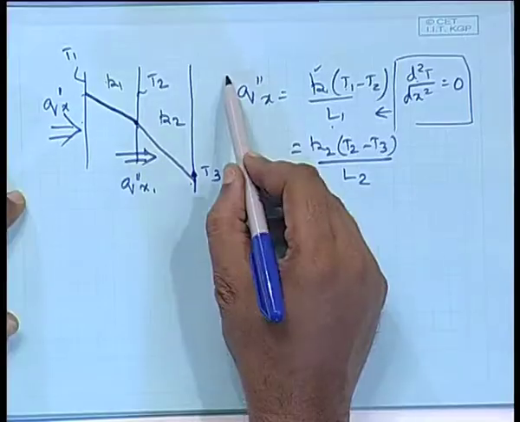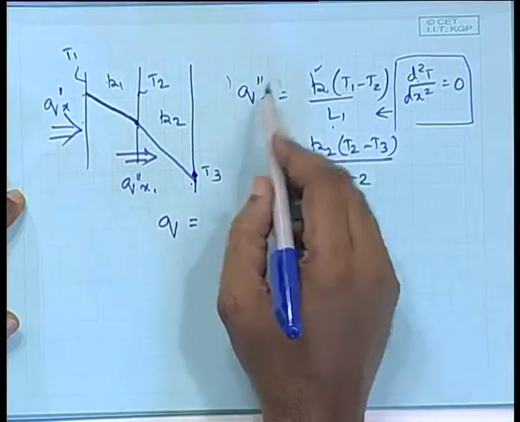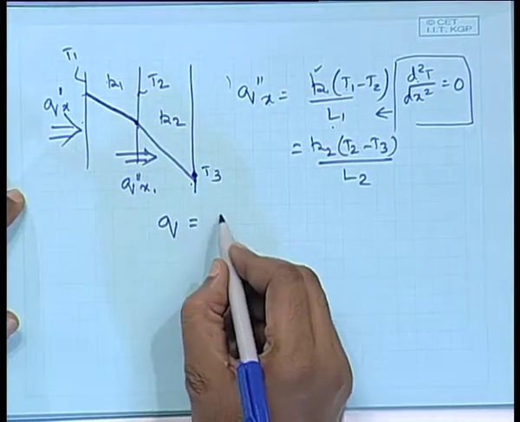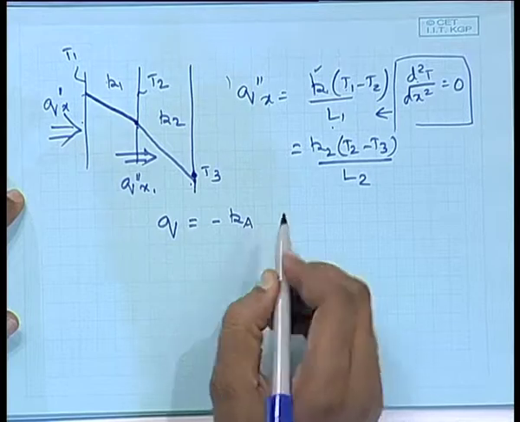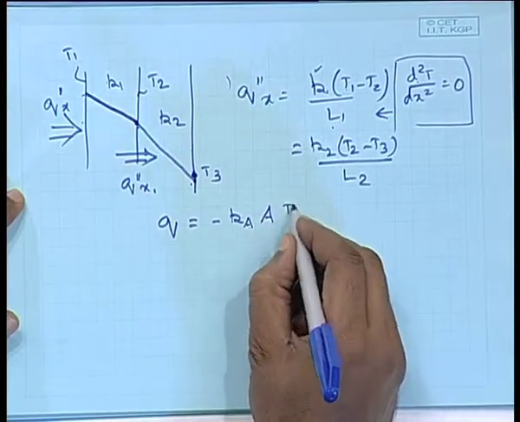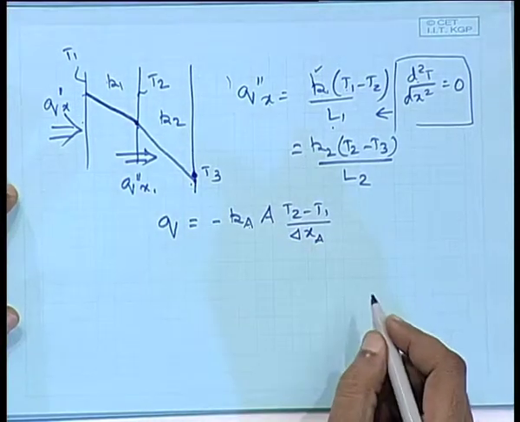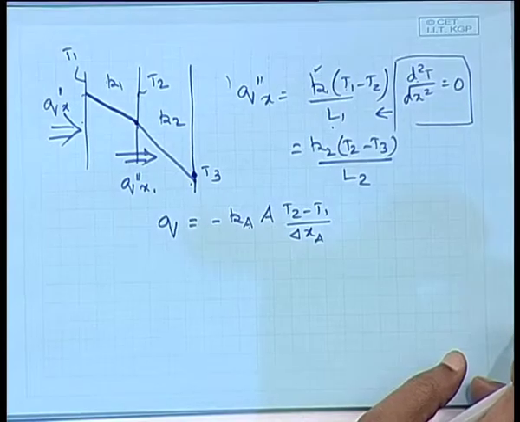Now, when we look at this expression, I can write the total equation, instead of flux, as the total amount that gets transferred for surface A, which is K of surface A times T2 minus T1 by delta XA, where delta XA is the thickness of the plate in the X direction.